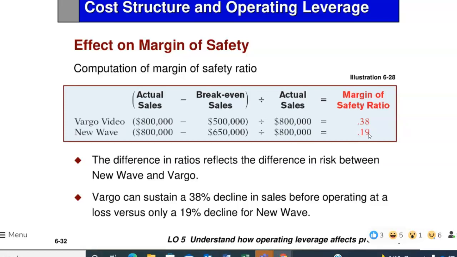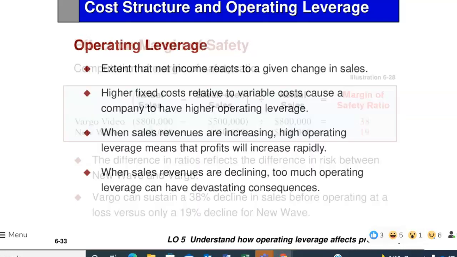The difference in rate reflects the difference of risk. So the more fixed cost you have in your cost structure, the riskier it is. That is, Vargo can sustain a 38% decline in sales before operating at a loss, whereas New Wave can sustain only half of that. Keep in mind, New Wave has twice the contribution margin ratio, but the margin of safety is half.